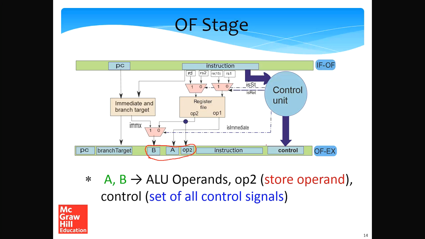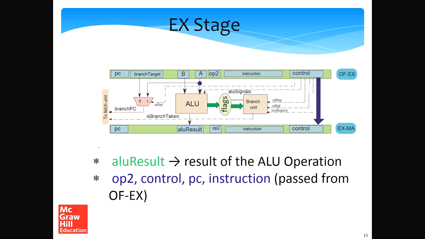Along with that, we are storing control signals, the contents of the instruction, the branch target, and another intermediate value. And the PC also passes, along with everything else, to the next stage, which is the EX stage. So in the EX stage, these are all the fields that we get from the previous stage, which is OF.